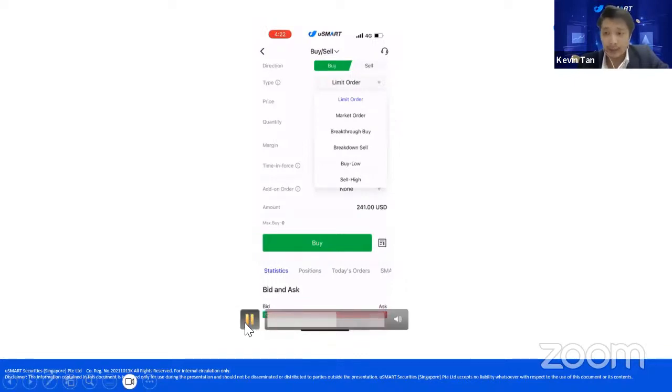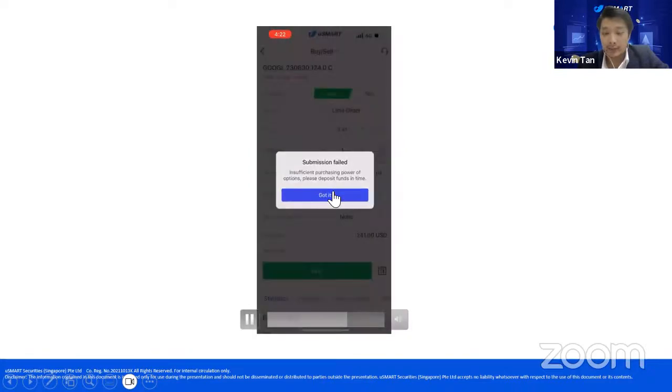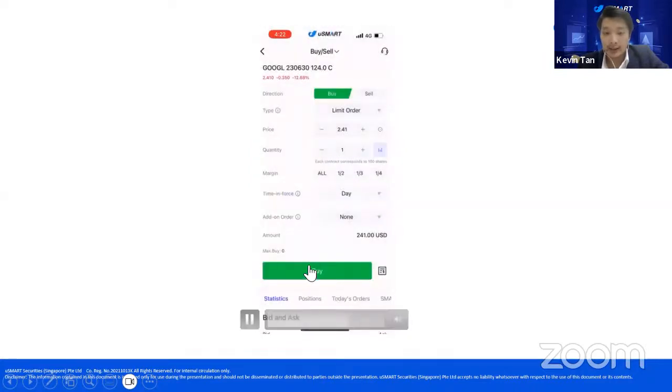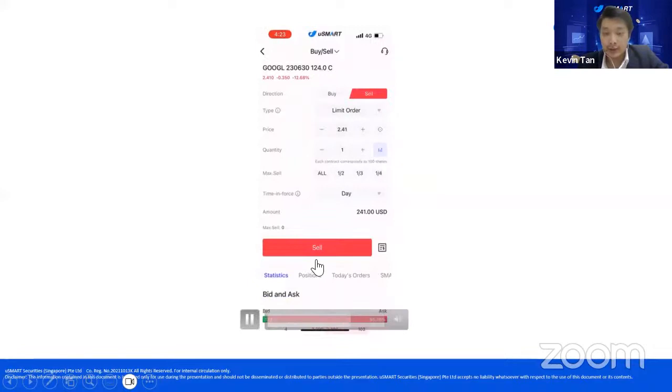These are the two big types of order that are usually important for options strategies. So assuming that you want to place at 2.41, you can just click on buy and confirm. So in this case, your transaction will usually be okay.